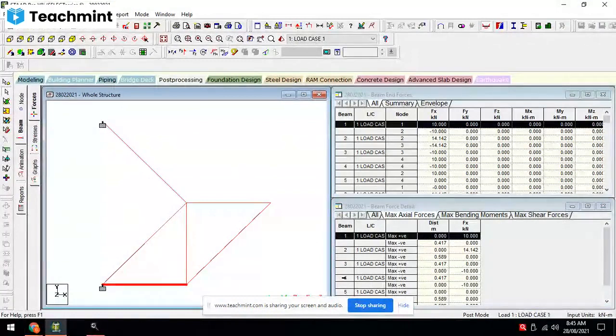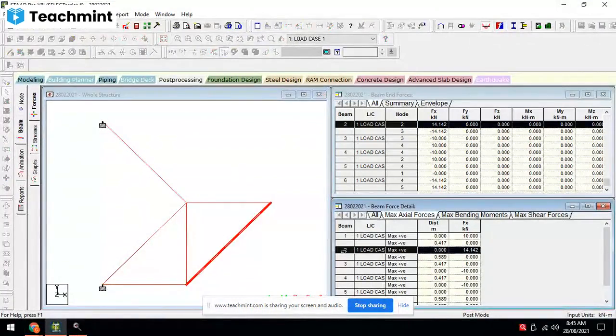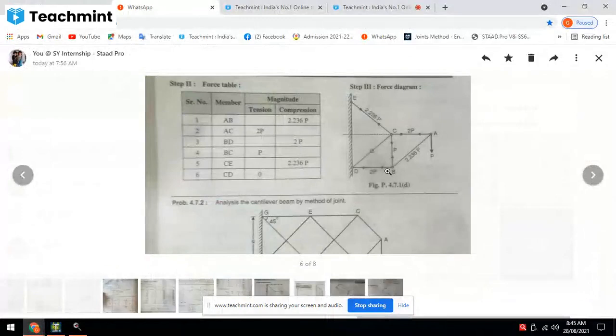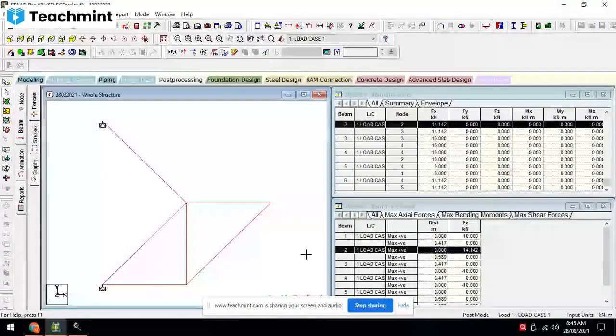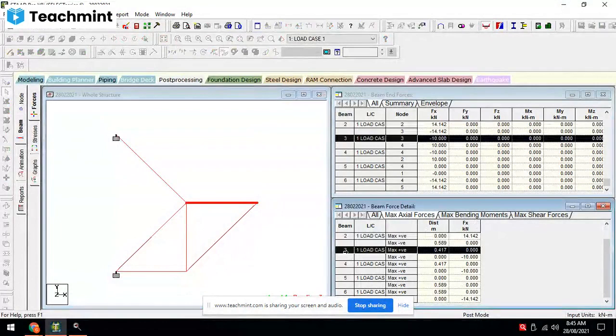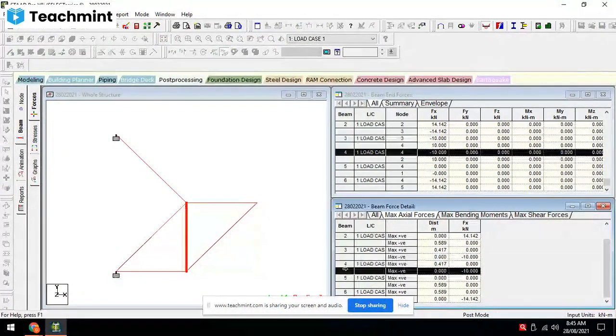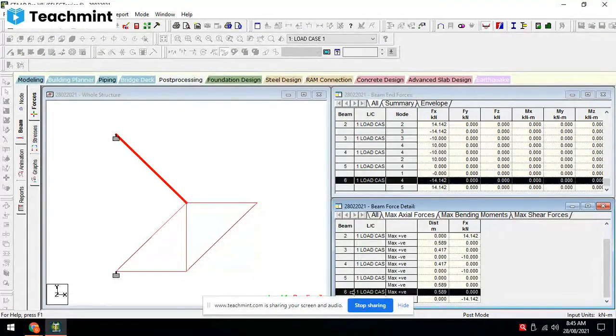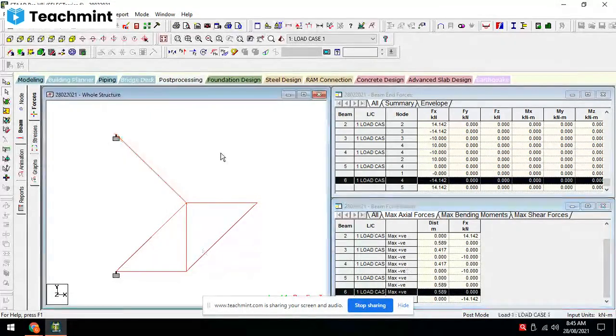This 10, then next is 14.142. We will not get the exact result because it is in terms of P. Okay, but like this you can find out the force in the member. It is 10, 10, 14.43. Okay, so like that we have to analyze the truss.